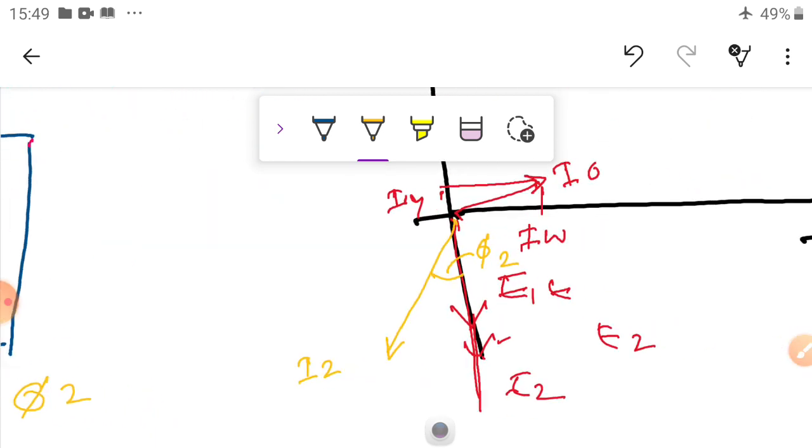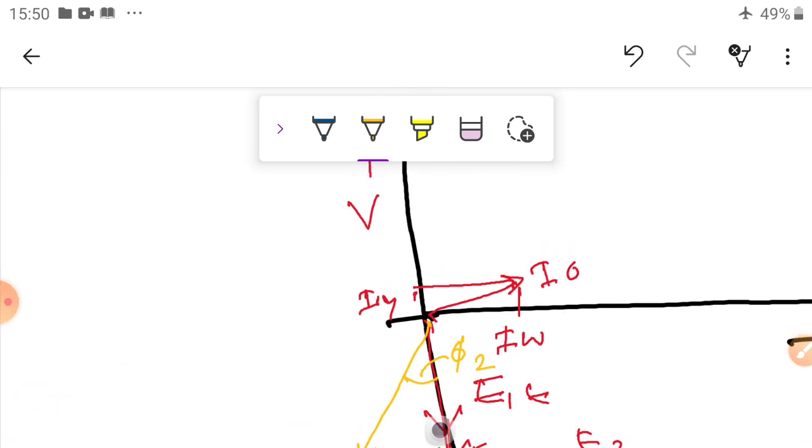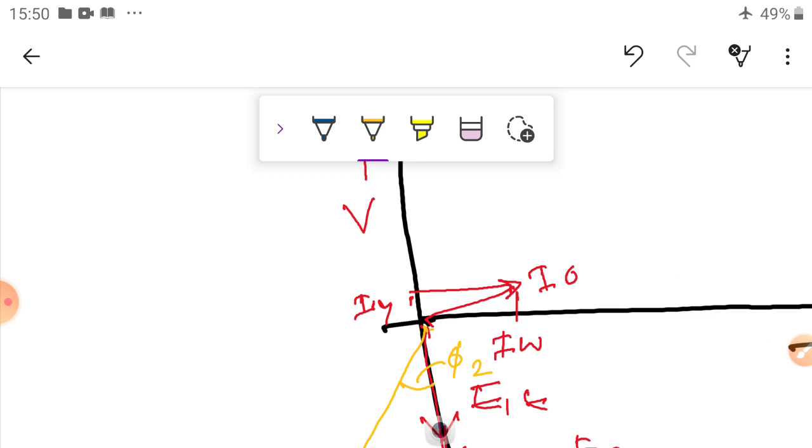Okay, same thing as written here. Now here I am going to draw I2 dash in this direction. This is I2 dash, 180 degrees apart. Now I am going to write the sum of these two values.